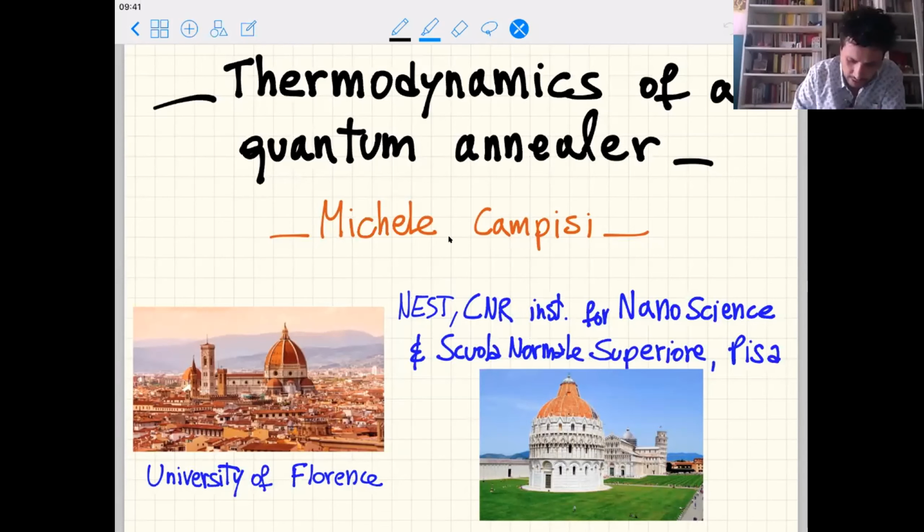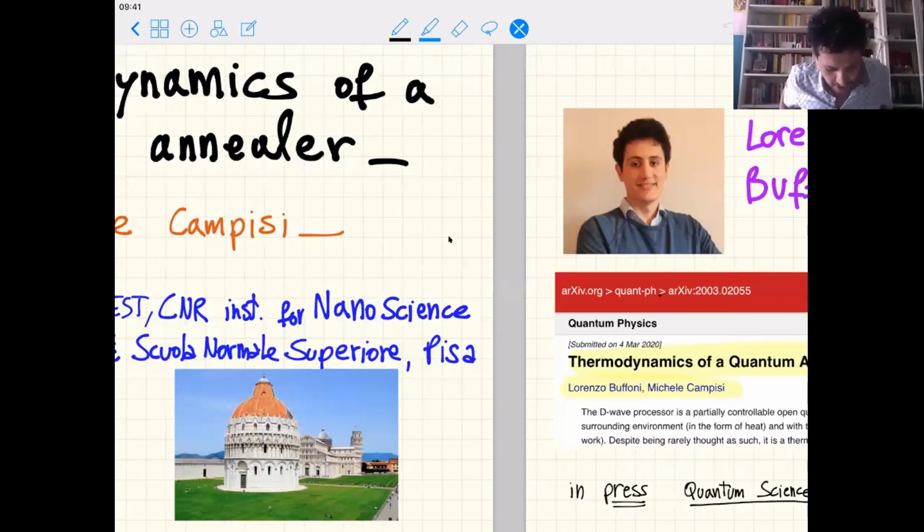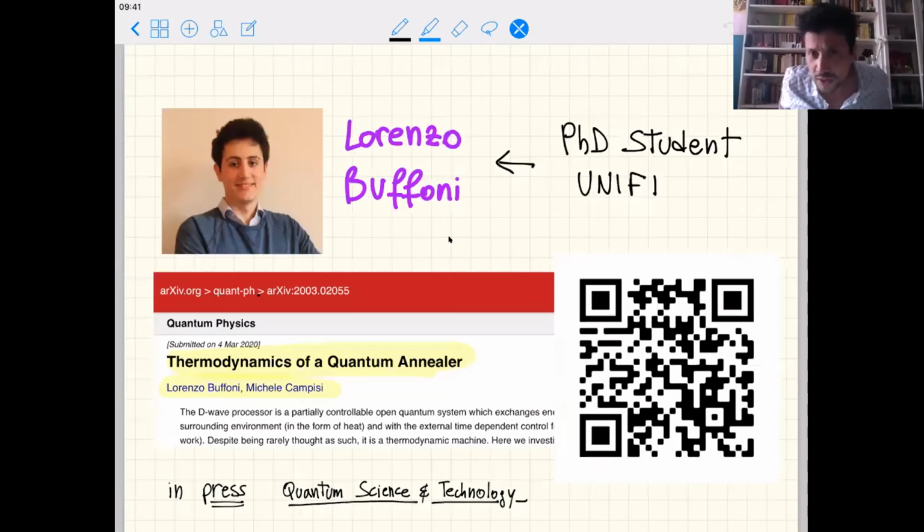The person who actually ran the experiments is Lorenzo Buffoni, a PhD student at the University of Florence. He spent some time at the D-Wave company in Canada and learned how to program this quantum annealer.